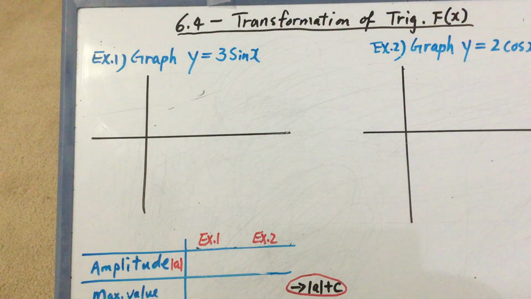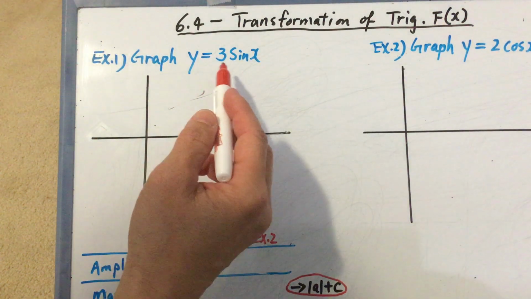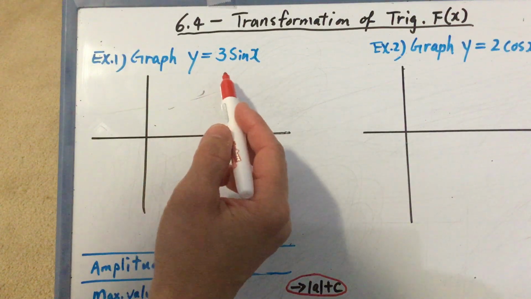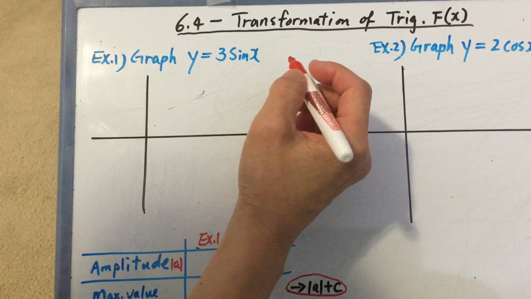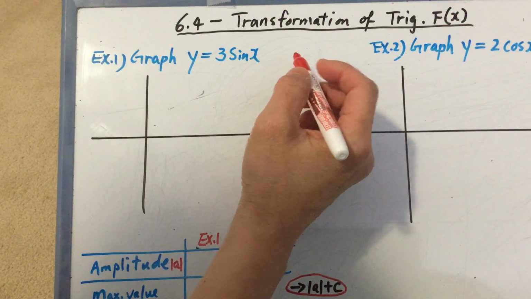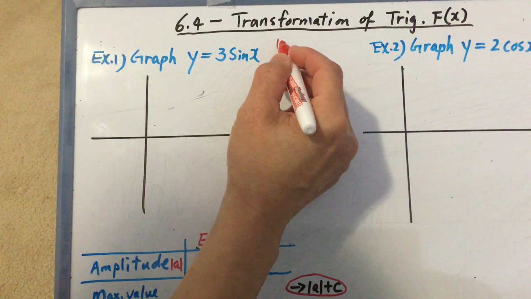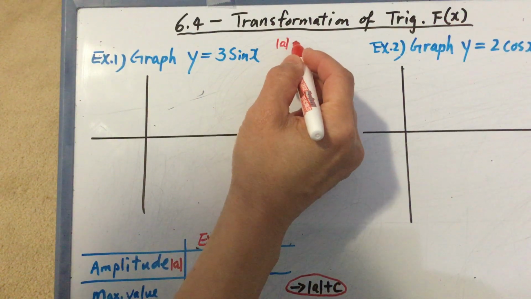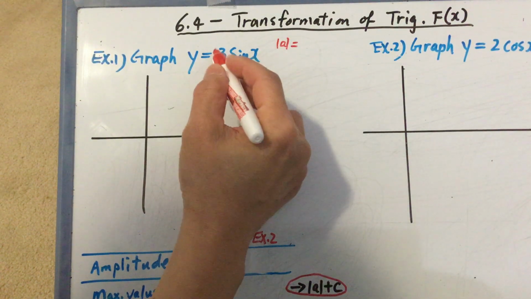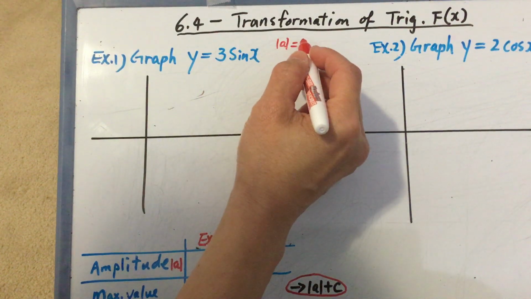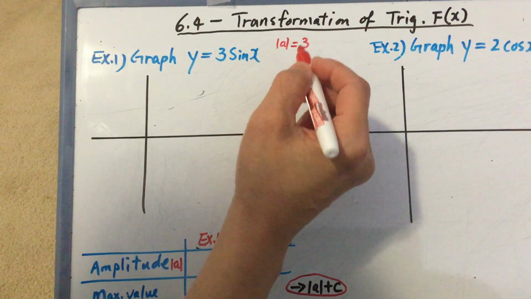Okay, so from the look of the equation, we can write down some of the special things that we notice, such as the amplitude, which is the value of a, and that is going to be equal to 3.